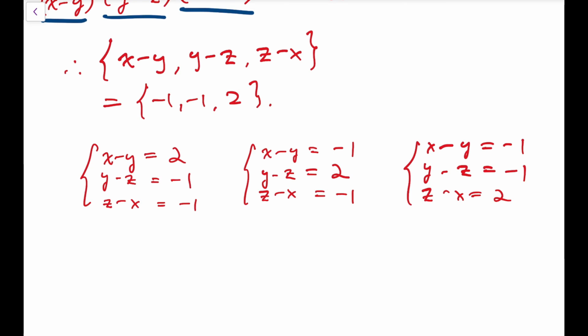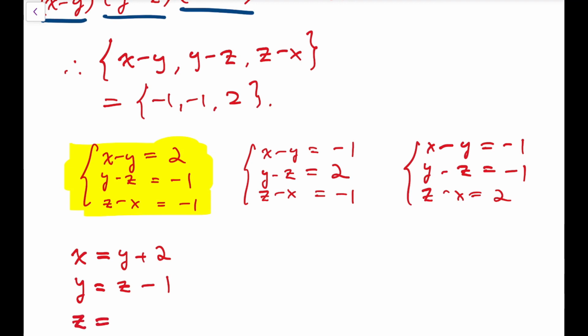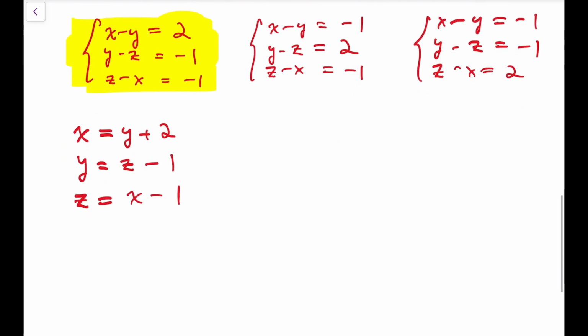Let's try to solve one of them and see what we get. For these three systems, we will get very similar outcomes. For the first one, I won't really get what x, y, and z are, but I can compare their values. I can say that x is 2 larger than y, while y is 1 smaller than z, and same as the outcome of the third equation, z is 1 smaller than x.